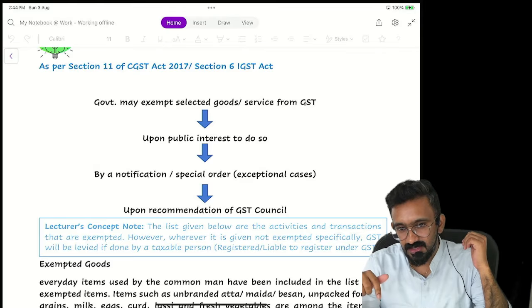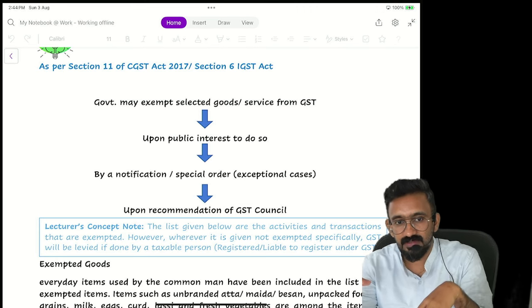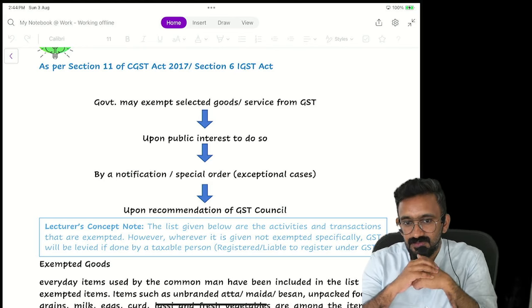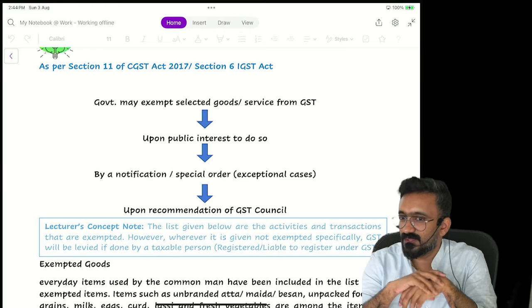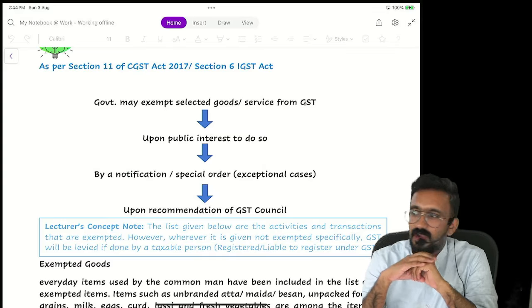If they put it under negative list, no GST will be applicable. If they put it under exemption also, GST will not be applicable. How will they decide which list to put it in? Think. Correct. So the fundamental thought is very simple.